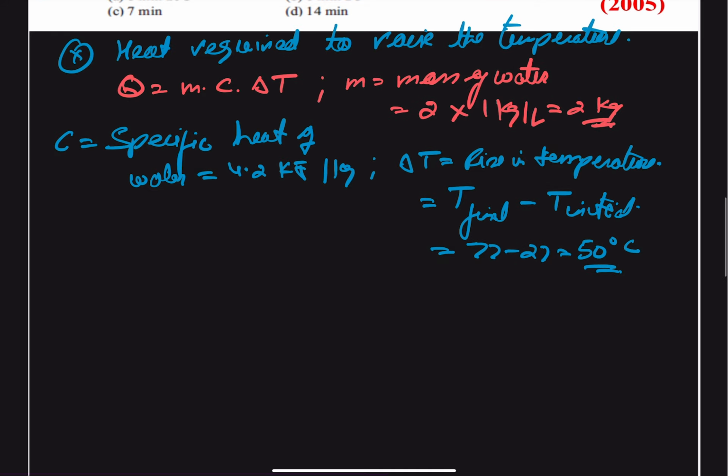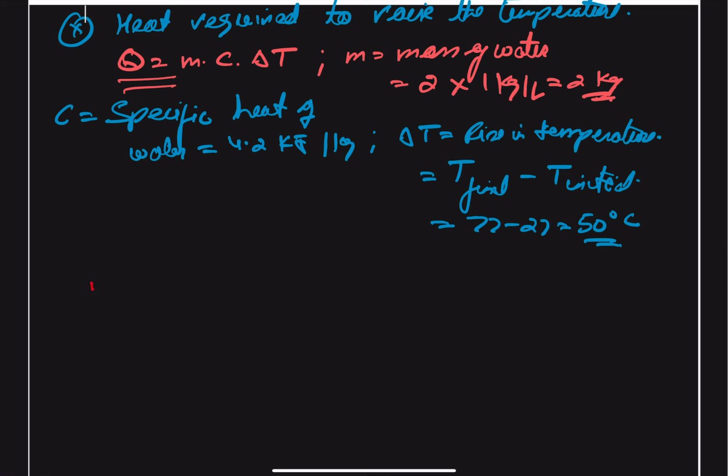So we substitute the values and find the value of Q. Therefore Q is equal to mass, which is 2 kg, and specific heat is given to us. Let us convert it to joule. That comes as 4200, and multiply by 50.